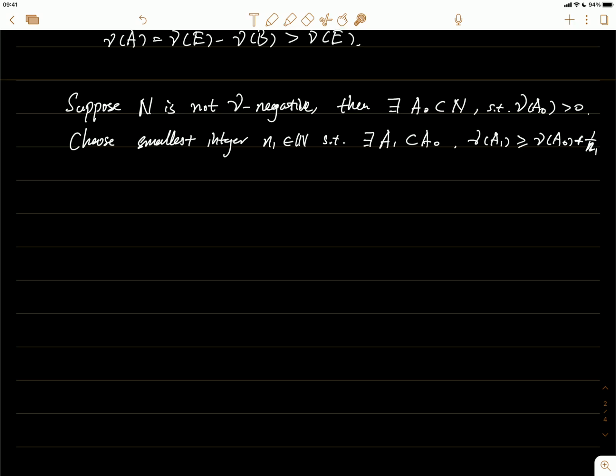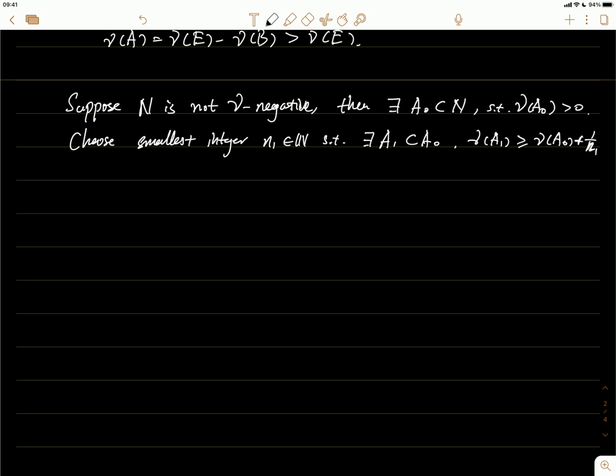I mean that is, it could be bigger than this A0 by some positive number, and we said the smallest possible choice of the N1 gives us the largest number, right? That means that the A1 is chosen such that it's bigger than the A0 in the maximum way. Okay, so that's the A1.